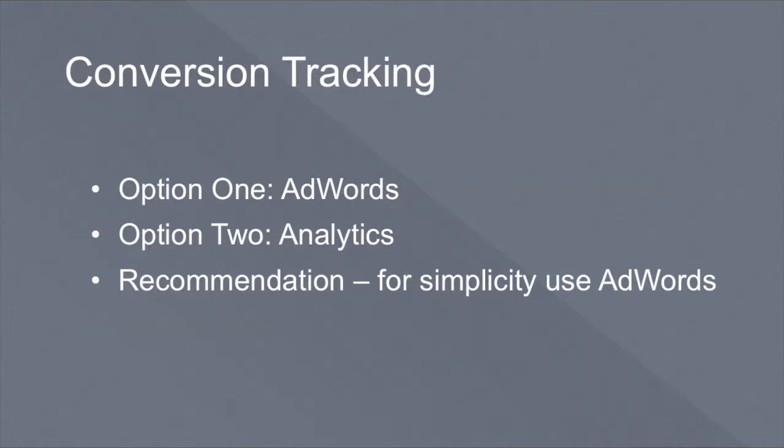Don't worry too much about an attribution model for now. It matters if you're running multiple traffic sources and you're looking at an overall entire purchase process. We're not. We're focusing on Google AdWords here. And for that reason, and for reasons of simplicity, use the AdWords tracking option. You will get accurate results that you can rely on for your campaign.